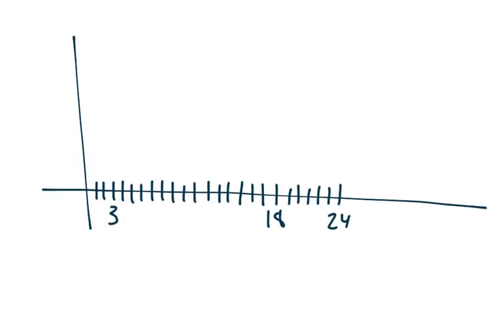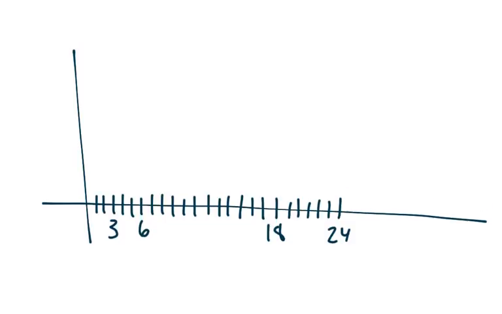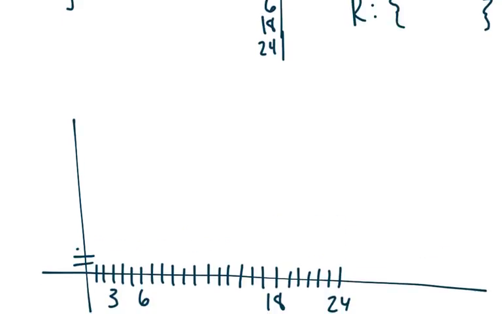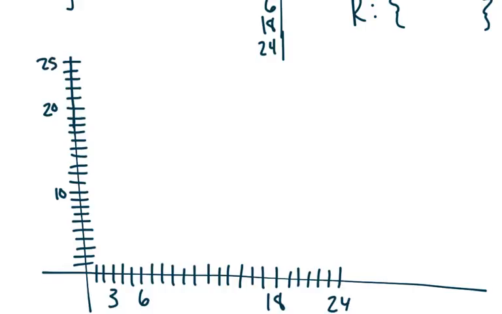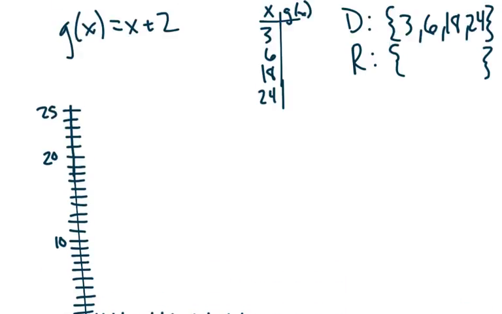So we've got 3, 6, 18, and 24 are the ones we are paying attention to, and then we'll go to 25.